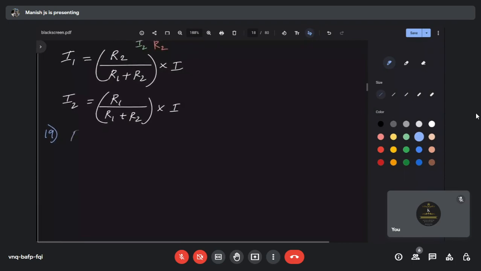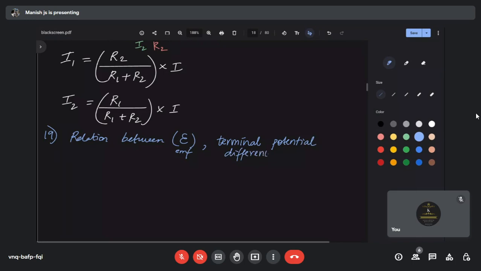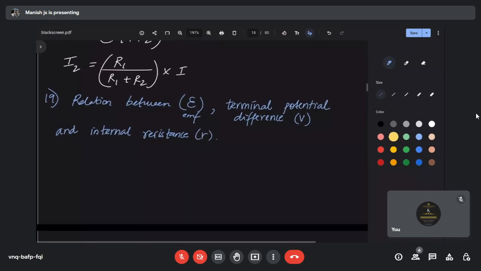We'll see the relation between EMF E, that is electromotive force, the terminal potential difference V, and the internal resistance, small r. So we'll see the relationship.